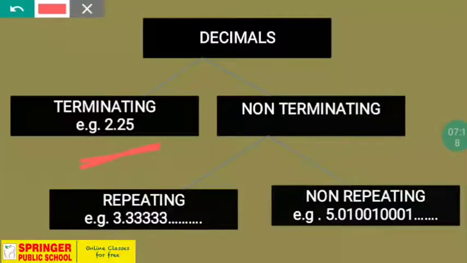Whereas non-terminating decimals are further of two types. One is repeating decimal, another one is non-repeating decimal. Students, in repeating decimal, the example you can see is 3.33333 and so on. That means the decimal is not terminating. That means it is continuing. It will never terminate. But the digit 3 is repeating itself. So it's a non-terminating repeating decimal.